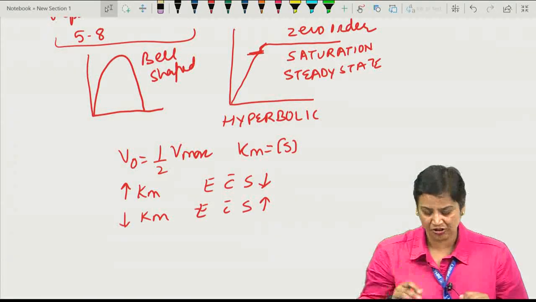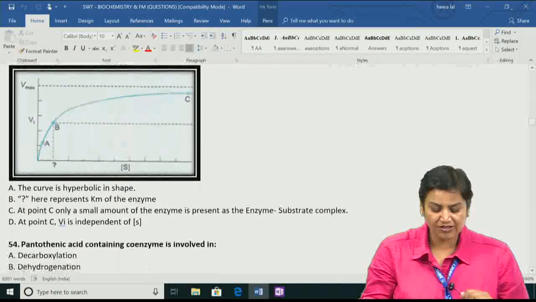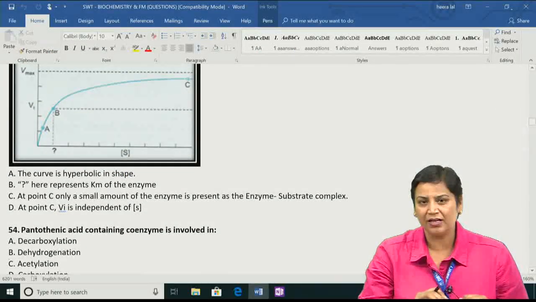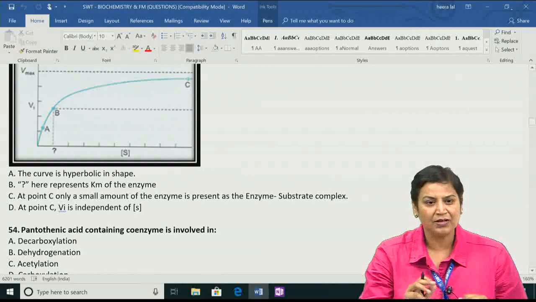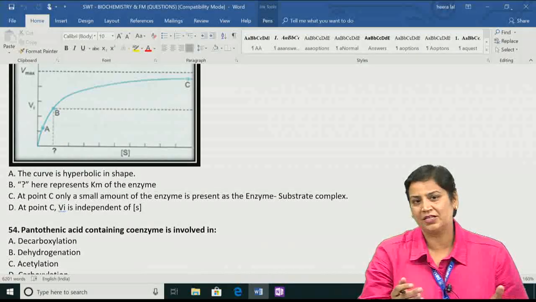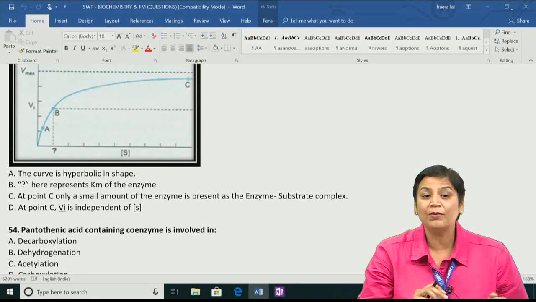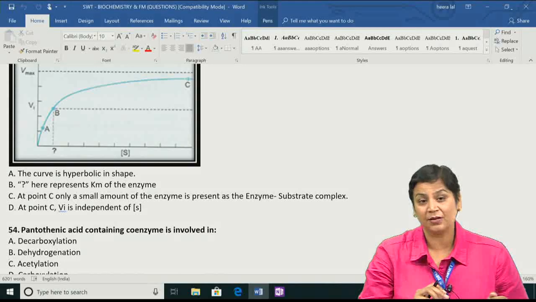This is the effect of the substrate concentration on the enzyme catalyzed reaction. Now see, look at the question. The question says the curve is hyperbolic in nature. Obviously it is a hyperbolic graph. The question mark here represents the Km of the enzyme. Obviously this represents the Km of the enzyme. At point C, only a small amount of the enzyme is present as the enzyme-substrate complex.